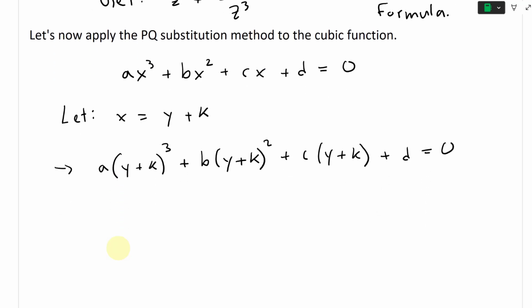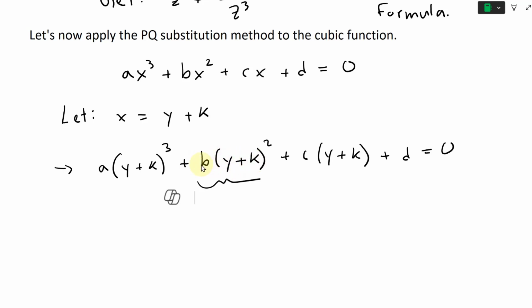Now we want to choose k such that we cancel out all the y squareds. If we expand the square, the only way you're going to have a y squared is when you have y multiplied by y, so you're only going to have that one time. You're not going to have y times k, then k times y.